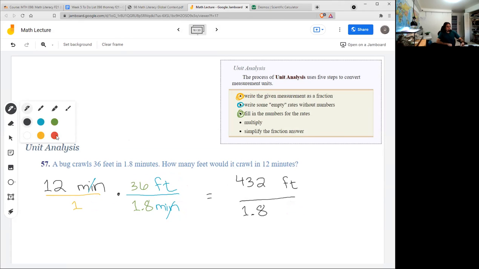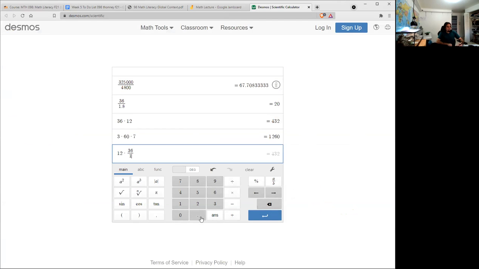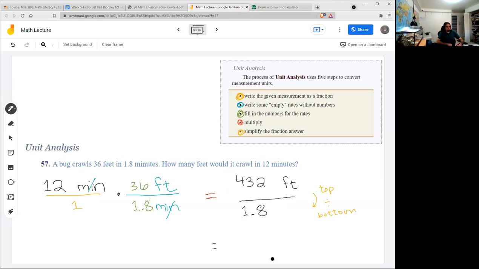So that was my multiply step. And then I'm out of colors. I'll just use yellow again. Simplify my answer, top divided by bottom. And we got whatever that answer was. 240 feet.